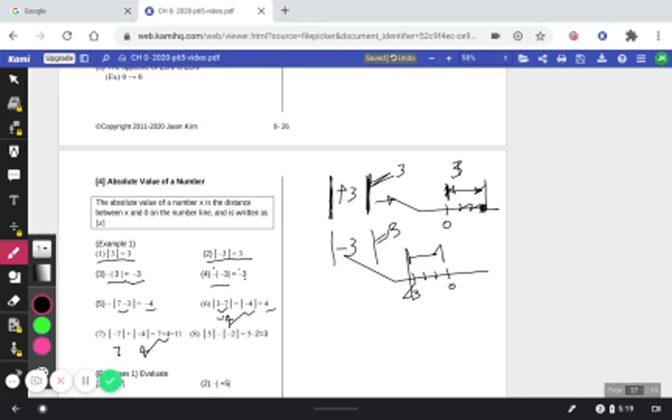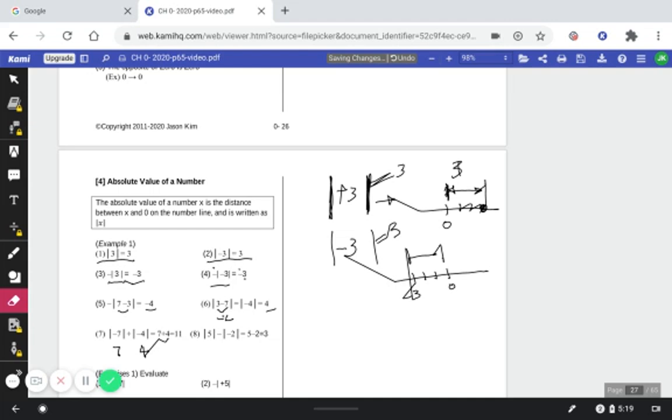Anybody have any question? Now, number 8. Number 8 says 5 minus the absolute value of negative 2.